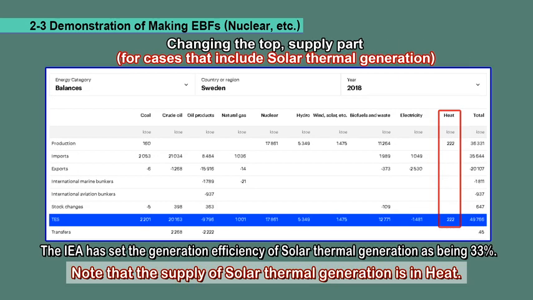Although rare, the heat column in the IEA table can include solar thermal power generation. Even in such cases, only 33% of the primary energy supply is counted as electricity output. Such conversions are necessary when entering the supply amount from primary energy input at the top of the EBF.